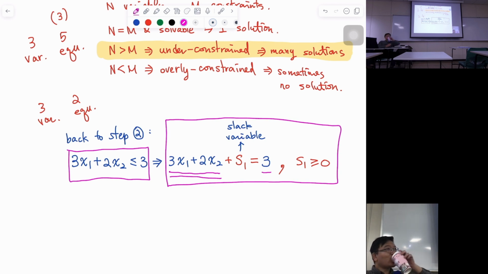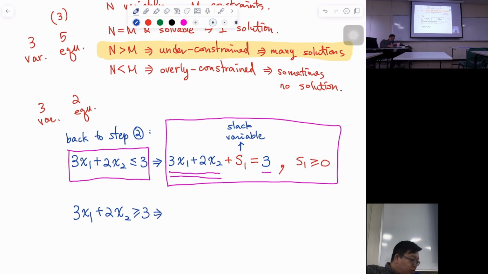Everyone okay? Now, there's another situation where you have a larger-than constraint.